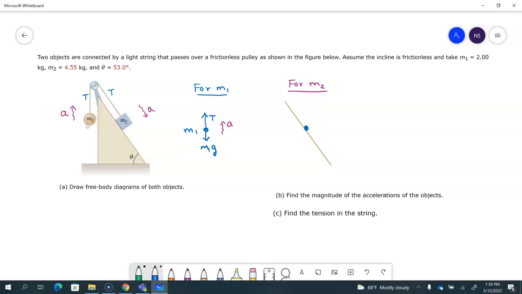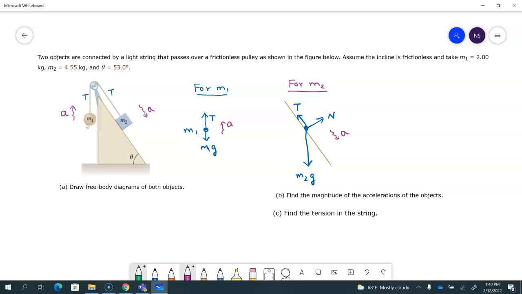So M2g is downward and it's heavier, so I'm making it longer, and the surface of the incline is pushing up on it, so there is a normal force that way, and there is no friction. It's a frictionless incline, but there is a tension in the string which is pulling on it. So that's the tension T. And as a result of these three forces, it's accelerating downward.